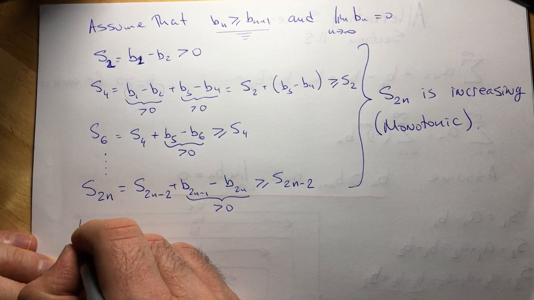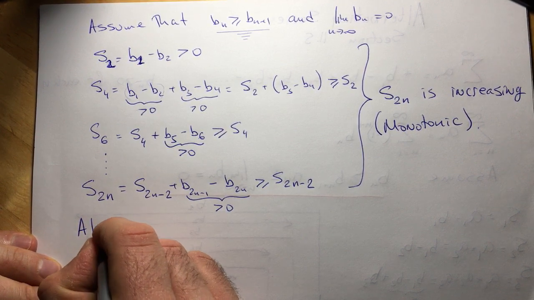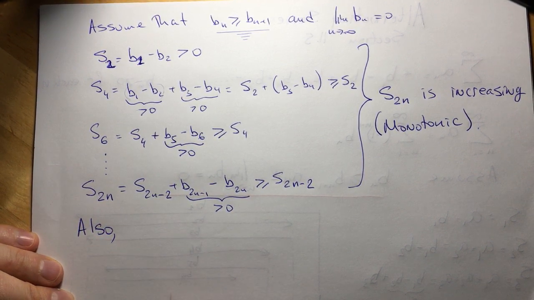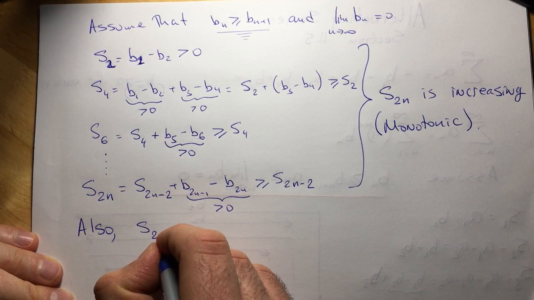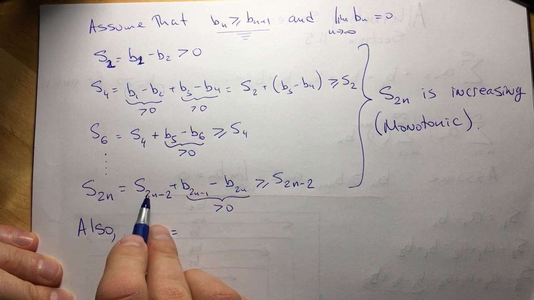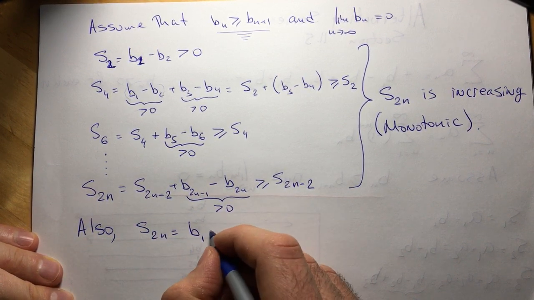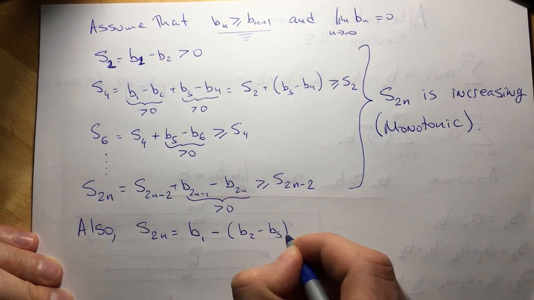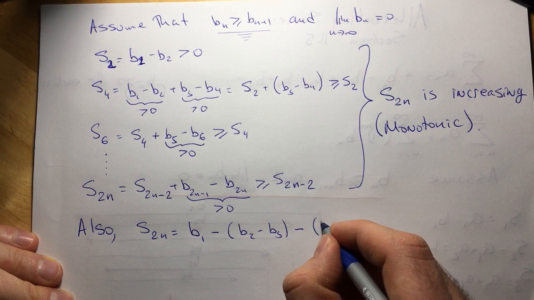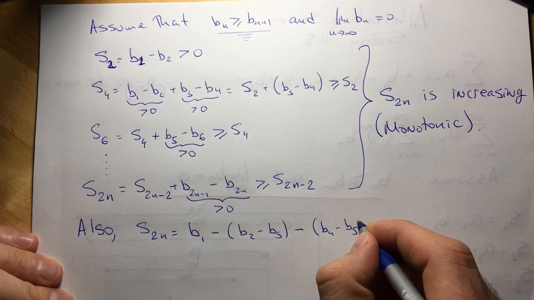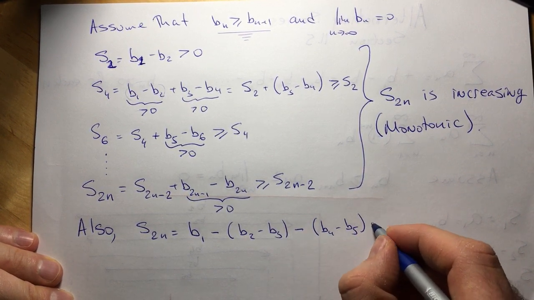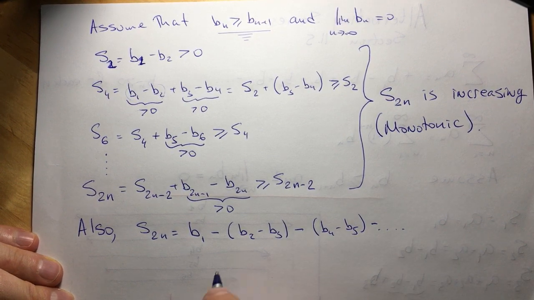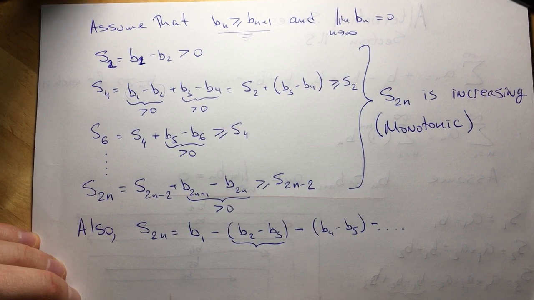But notice also that S of 2n, this one, can be written as B1 minus B2 minus B3 minus B4 minus B5 minus and so on, where each of these, right, are positive.